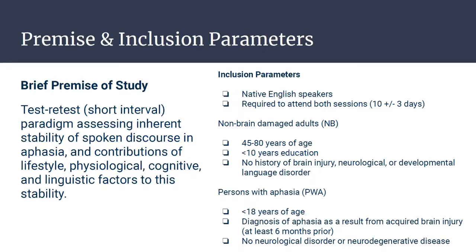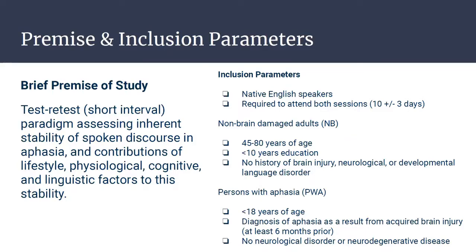So to look at that, we recruited 2 groups. A group that you'll see is called the NB group, which is just a group of adults that we prospectively age matched to our cohort of persons living with aphasia. In general, we wanted to make sure that they didn't have a history of brain injury or any other developmental or neurological disorder of any kind.